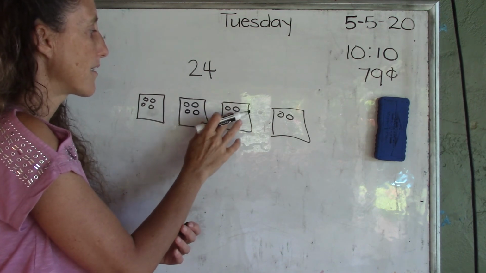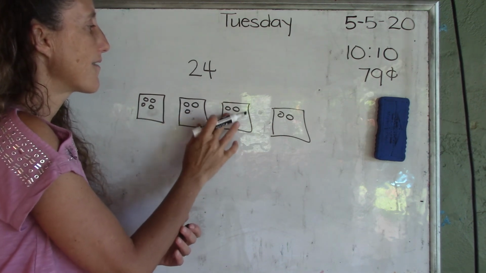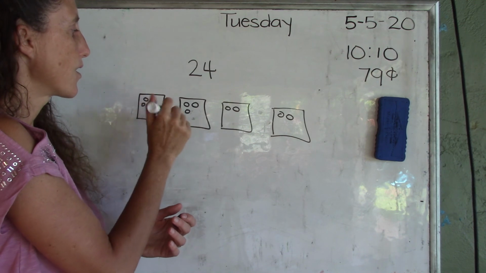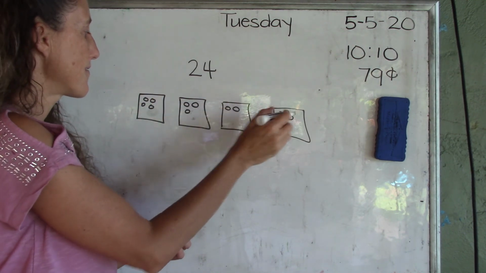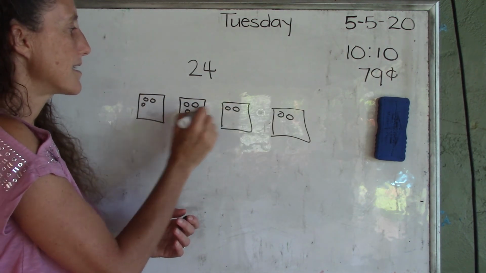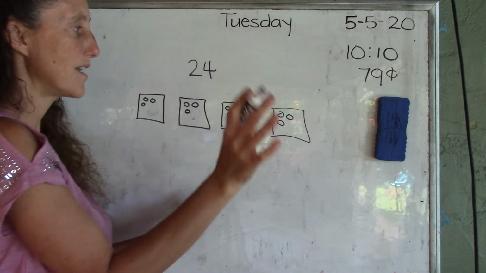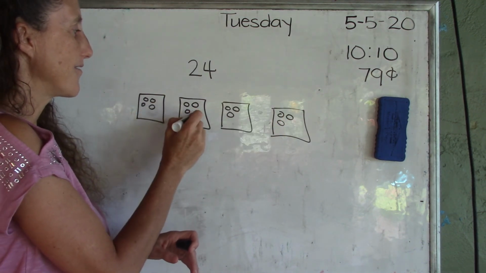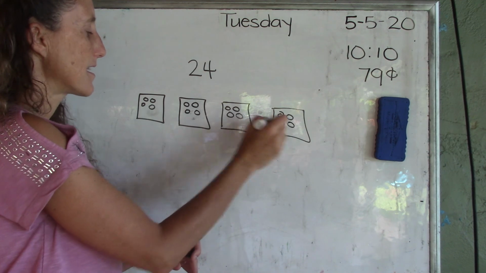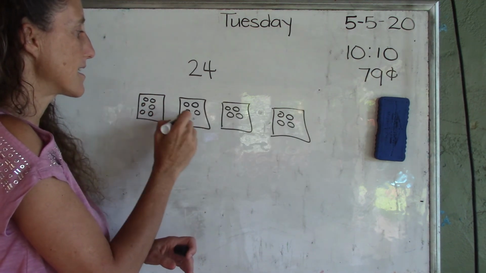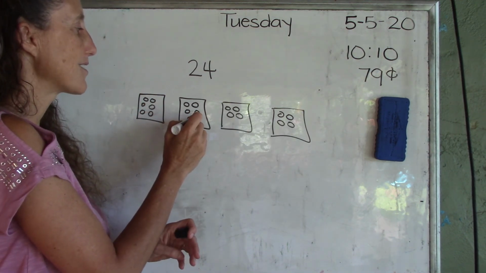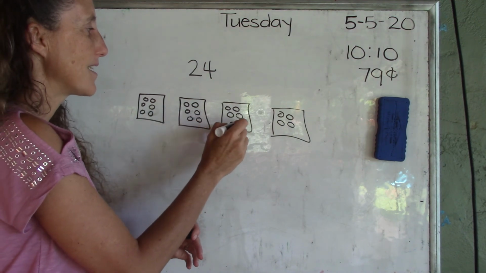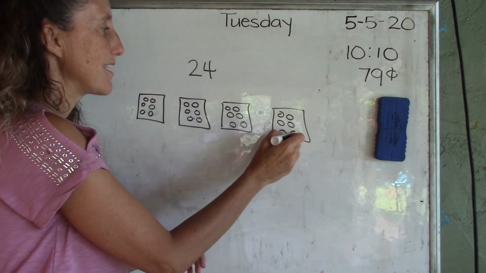Oh, I got a little bit carried away. Let's start over. 1, 2, 3, 4, 5, 6, 7, 8, 9, 10, 11, 12. Just one at a time. 13, 14, 15, 16, 17, 18, 19. Now I'm done. 20, 21, 22, 23, 24.